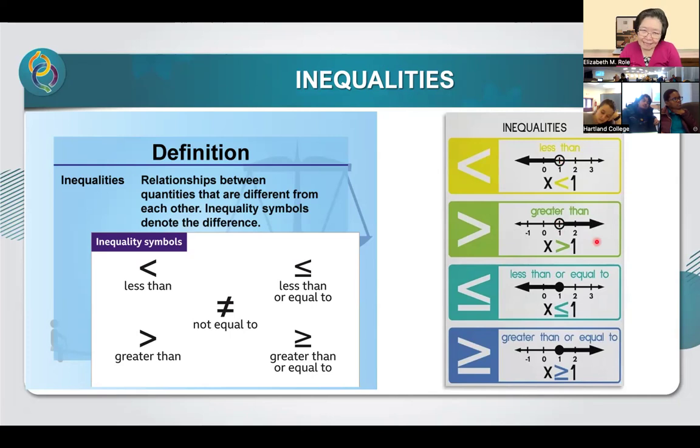But if you say less than or equal to, you have to shade the circle to show that 1 is included. Similarly, when you have greater than or equal to, we shade the circle so that we show that the value is included. So those are some illustrations of how we put that in a graph for our inequalities.